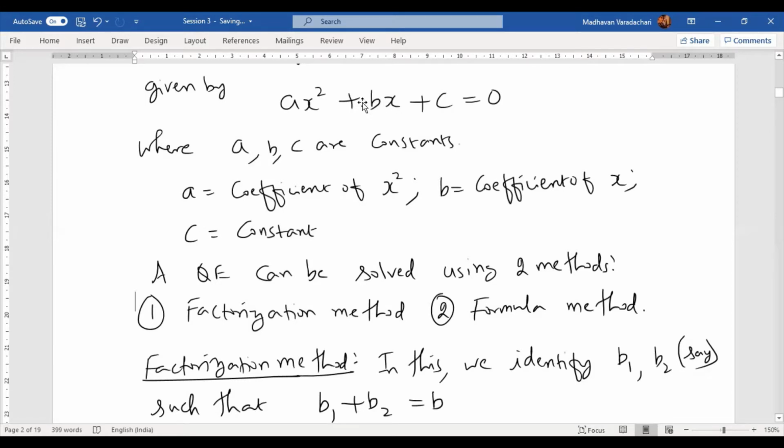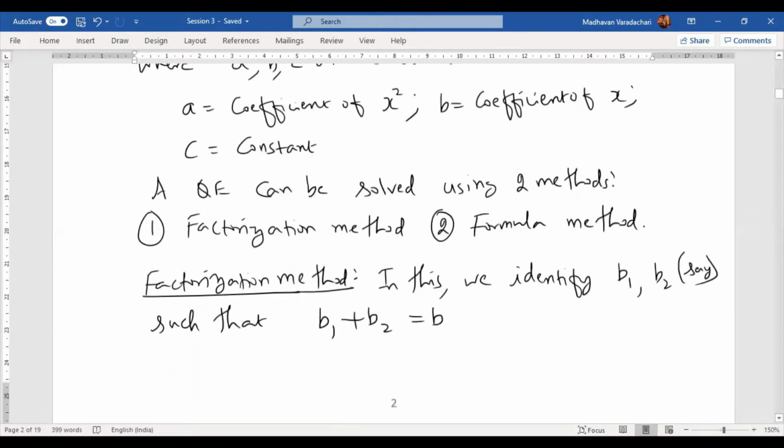For example, if it is 8, let us say, I am splitting 8 into 2 and 6, possible. Or I can also split it as 10 and minus 2. Even if I add 10 and minus 2 also, I may get 8. If I add 2 and 6 also, I may get 8.